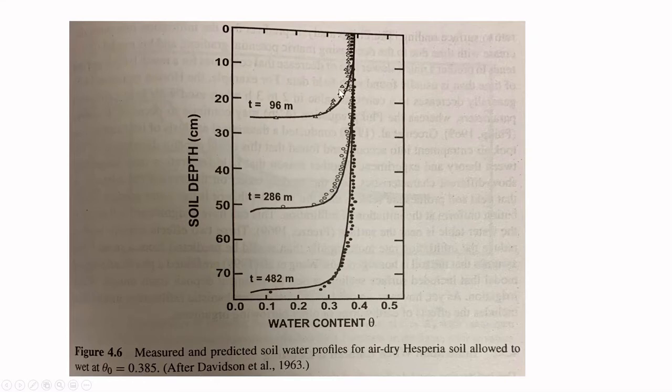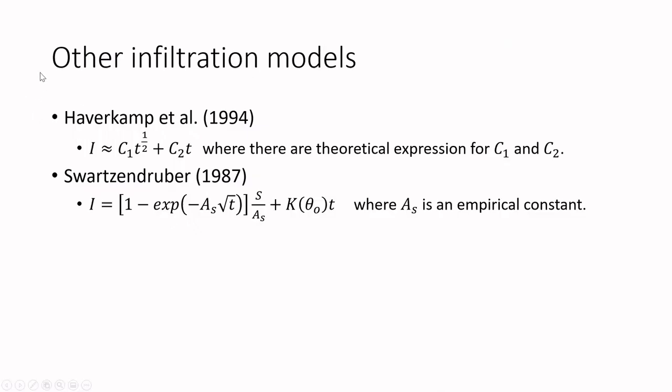The dots are the experimental data, and the solid line is the simulation result. At a longer time of water infiltration, the water goes deeper into the soil. You can see there is a good match between the experimental data and the simulation result. There are also other infiltration models, for example, the Haverkamp model and the Smith-Parlange model.